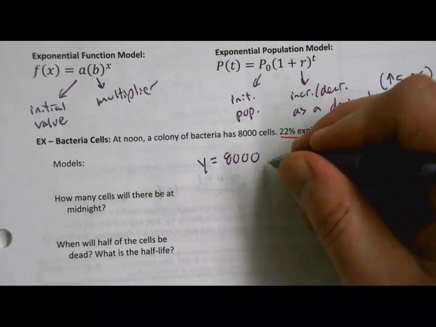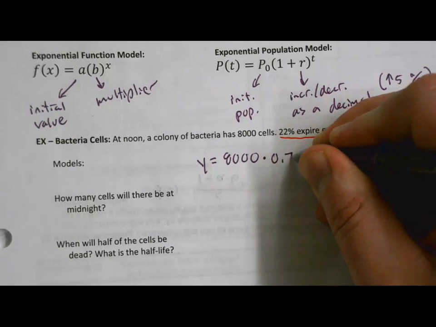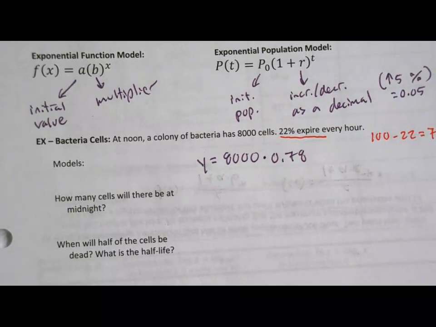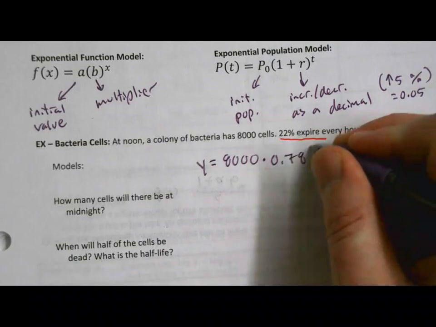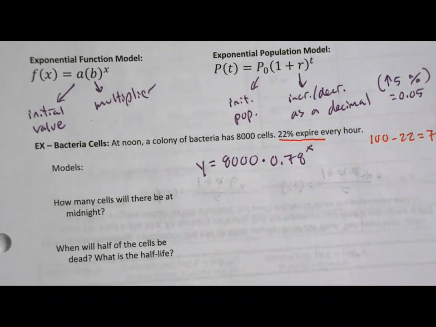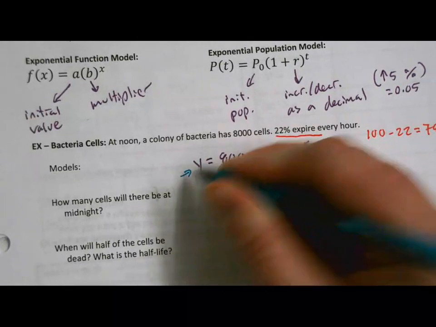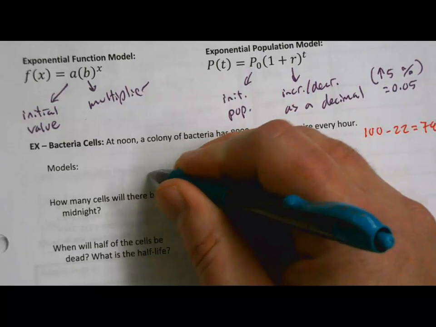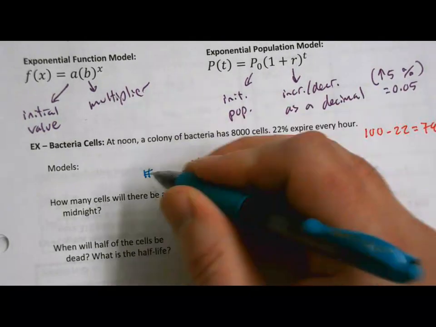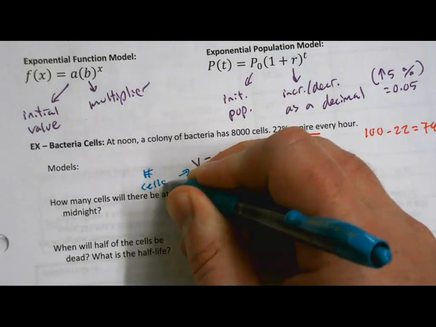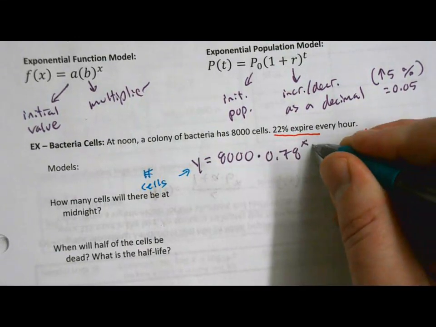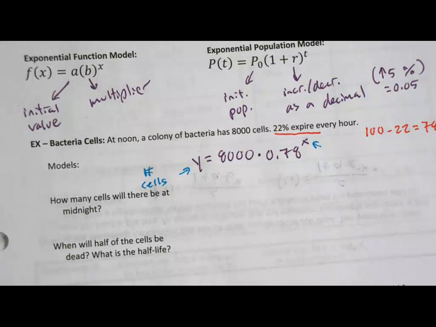So my multiplier would be 0.78, and then to the x power. And when I'm doing these kind of application problems and writing an equation to model, I like to label what's what. This is the number of cells, and this is, what is x representing? Every hour.